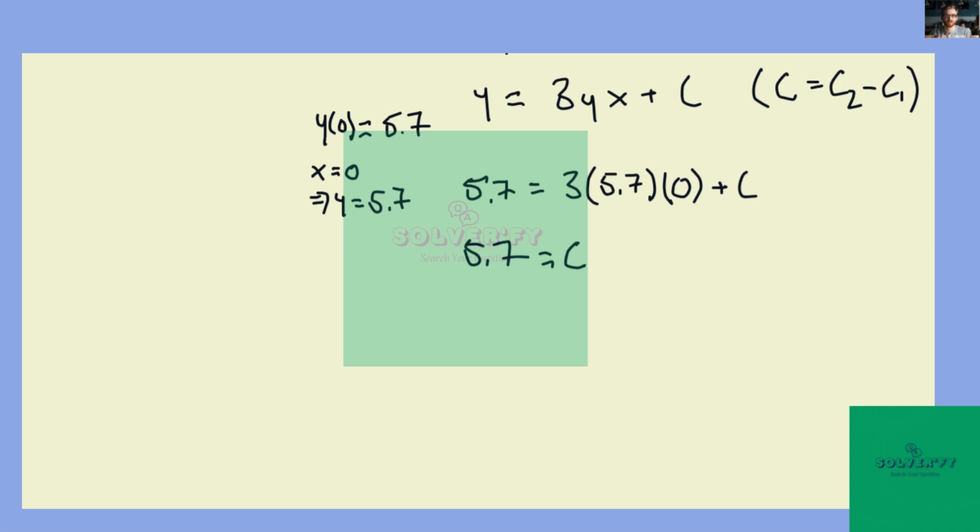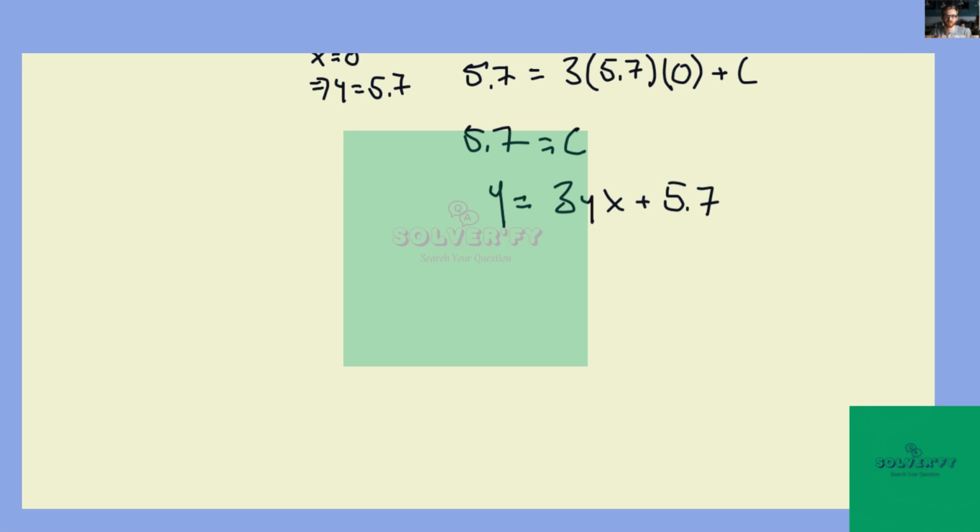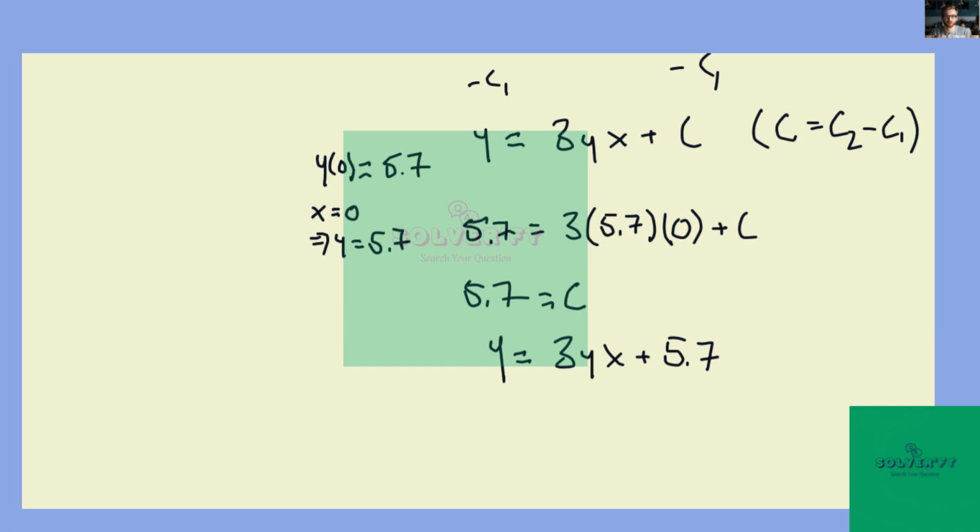So now, at this point, we have more information about our equation. We can put it back in the form from two steps ago and put that information in here. And we can say y is equal to 3yx plus now 5.7. Sorry, this was our general solution.